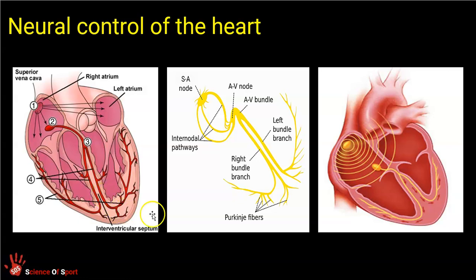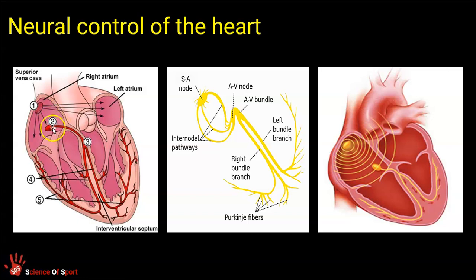Now what these diagrams show you are the electrical control system, or the cardiac control system of the heart. So let me just start here. This number one label here is the sinoatrial node, the SAN. This is the pacemaker. Then we've got arrows spreading through the atria, and I'll come back to that.